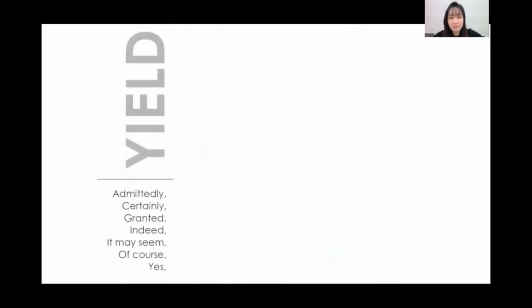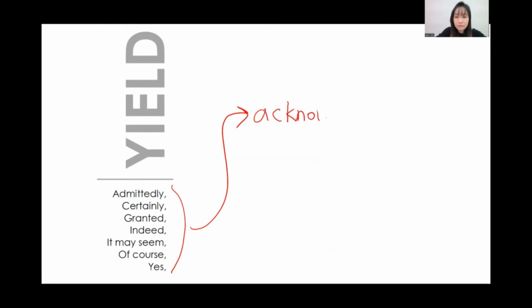So what are they? When we see a yield pivot word within the passage or within the question, we want to make sure to look for two key words that are going to direct us to the correct answer. The two key words are acknowledge and concede.